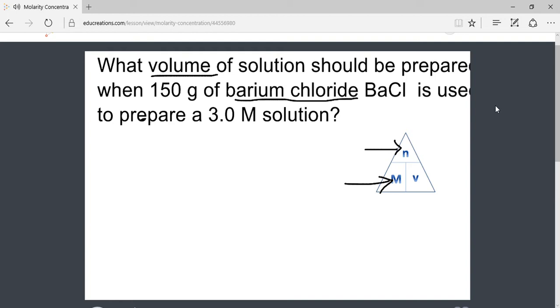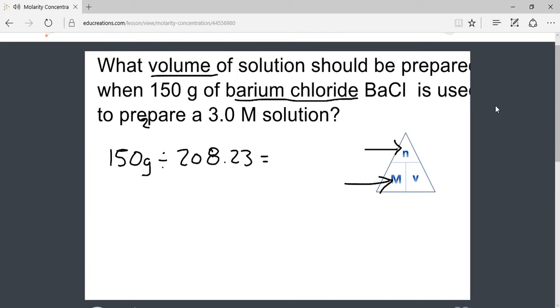This requires the correct formula for barium chloride, which would be 1 barium ion combined with 2 chloride ions. To convert this mass of 150 grams of barium chloride into the mole amount, we would divide by the molar mass. The molar mass of this compound turns out to be 208.23 grams, equal to 1 mole.